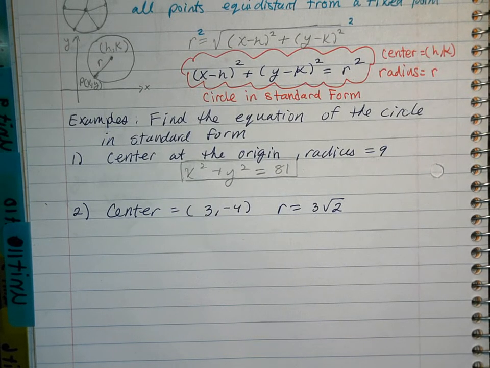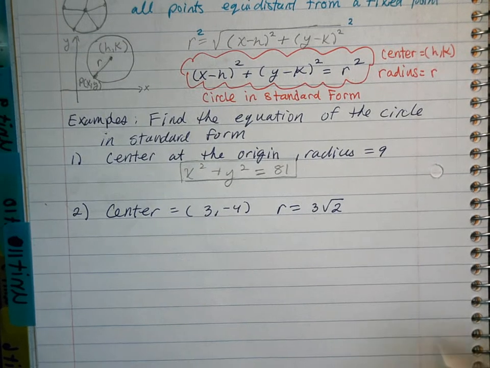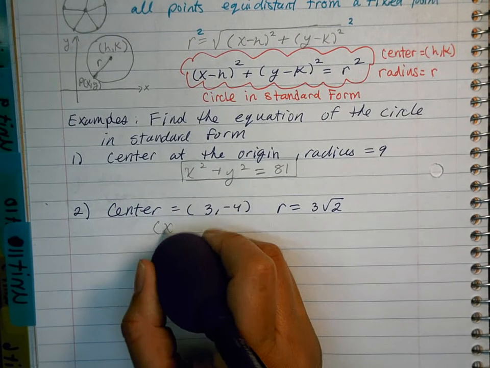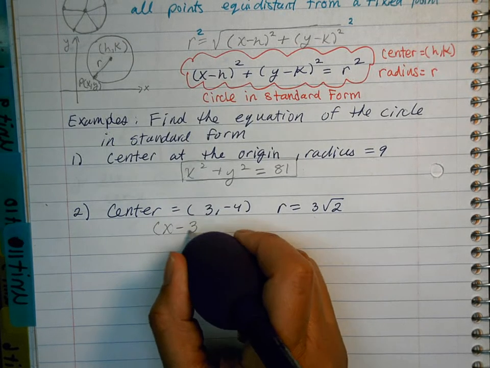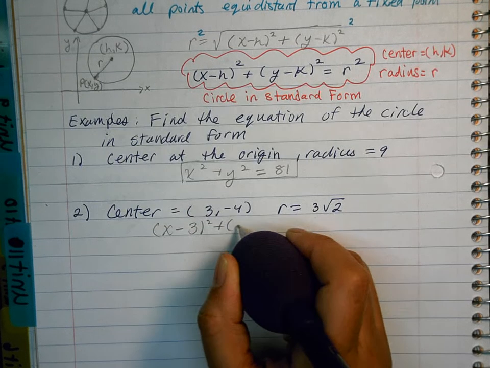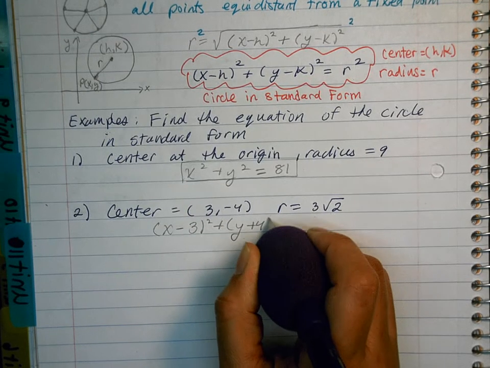All right, when you write it, would you guys put x plus 3 or x minus 3? It's always the opposite, so (x minus 3) quantity squared plus (y plus 4) quantity squared.